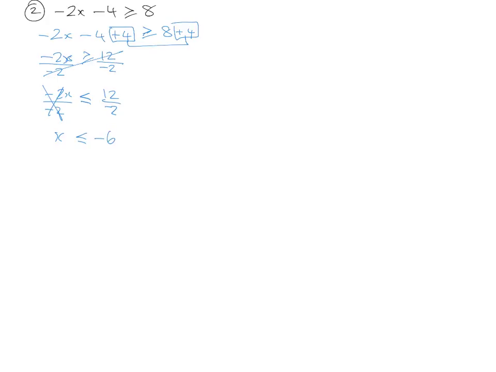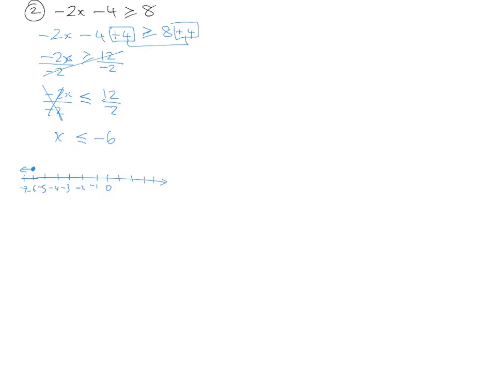So you are saying that the solutions for this are numbers that are less than or equal to negative 6. I can draw that on a number line. 0, negative 1, negative 2, negative 3, negative 4, negative 5, negative 6, negative 7.